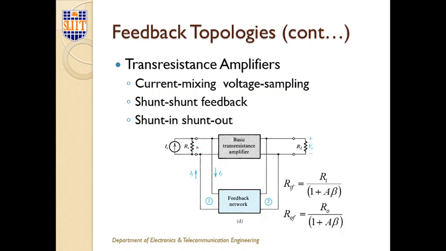In both these cases you can see that the input and output resistances are reduced by a factor of 1 plus A beta, because this and this are in parallel now. So now to prove these input and output resistances, what you may have to do is to find out the voltage and the current and divide the voltage by the current. Then you get these relationships easily. Try that at home.